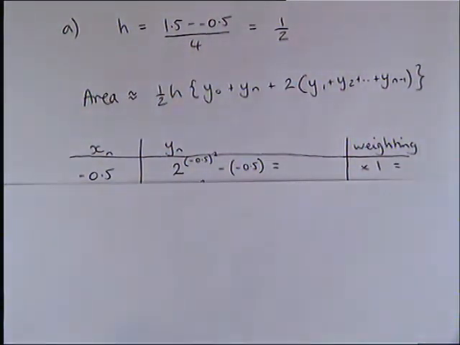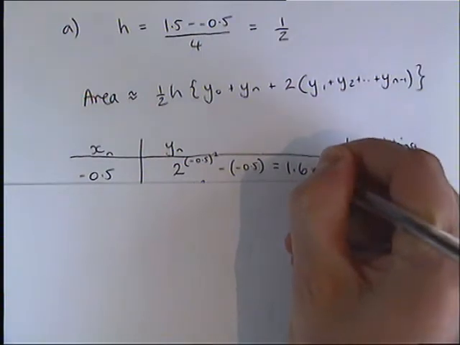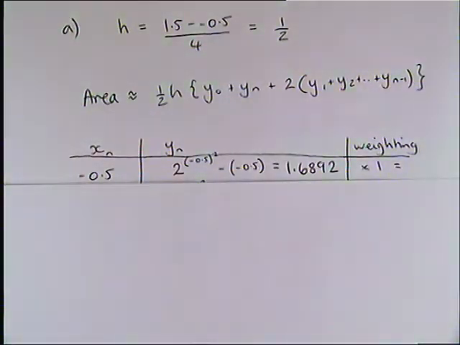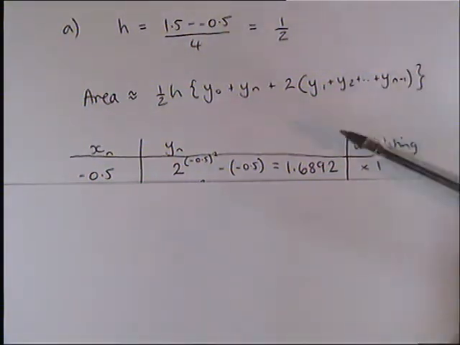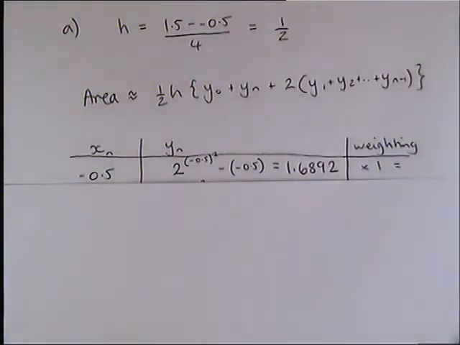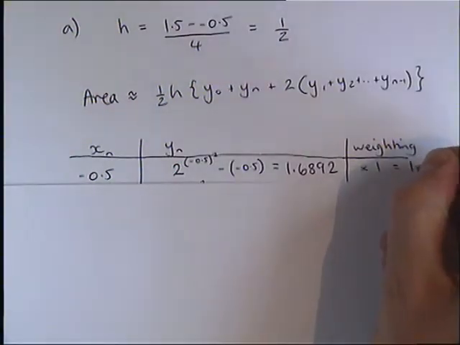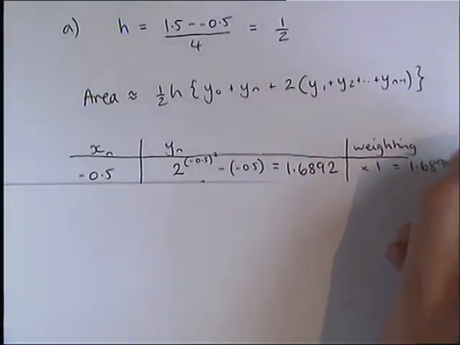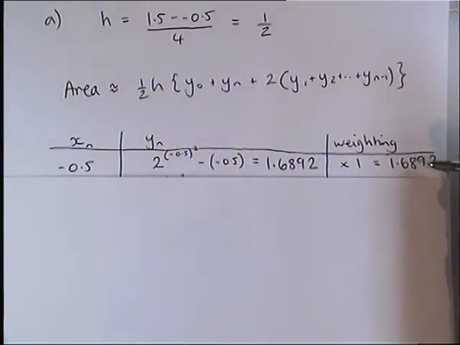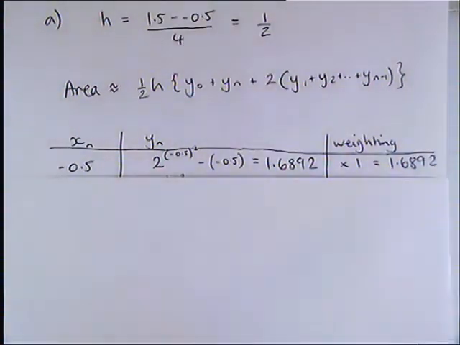The answer you get when you type that in your calculator is 1.6892. And because in the trapezium rule you only need one lot of y0, I'm going to times that by 1. That number there we're going to use a little bit later when we're adding it all together.